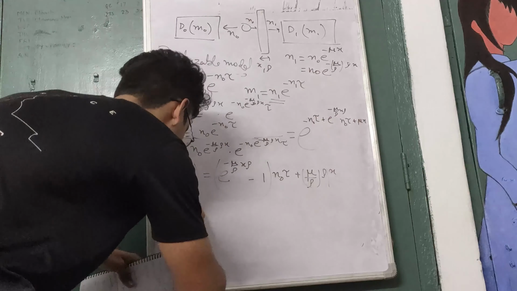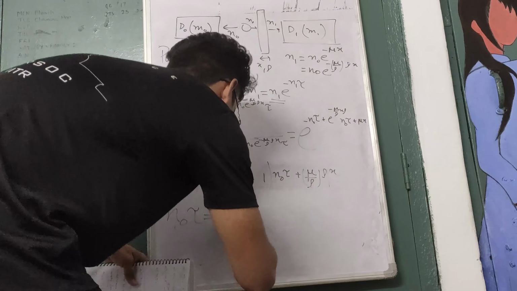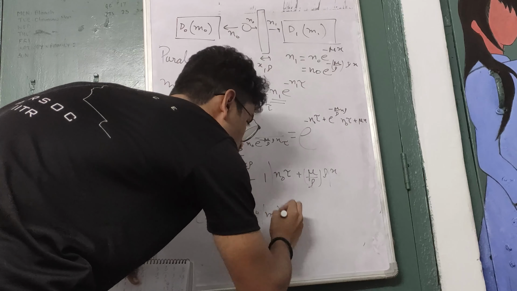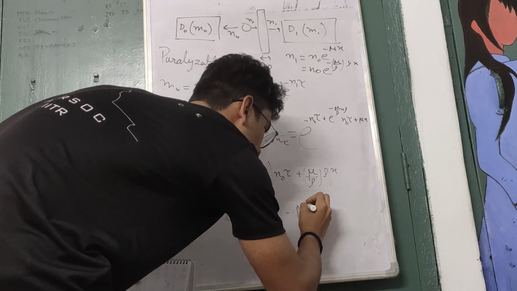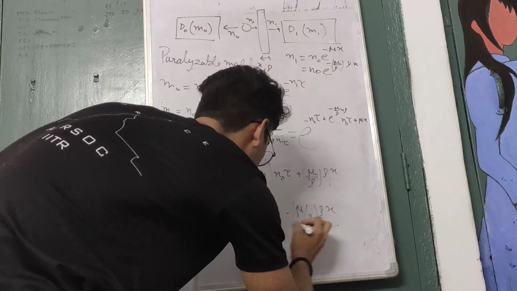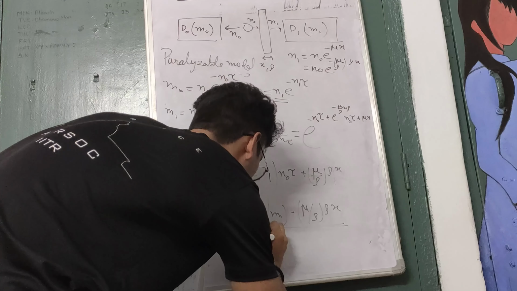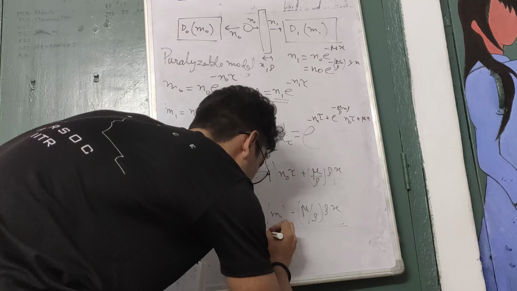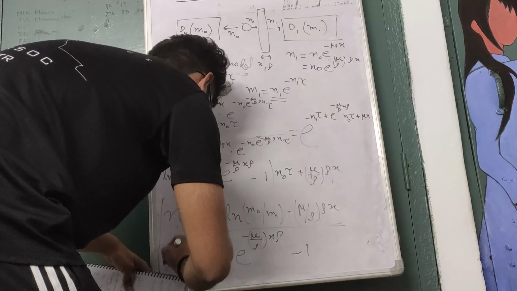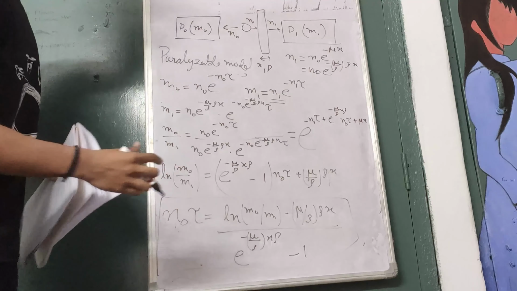And from this we'll get N0 tau is equal to (ln M0 by M1 minus mu by rho into rho x) whole divided by (e to the power minus mu by rho into x rho minus 1), and this will be our expression for N0 tau.